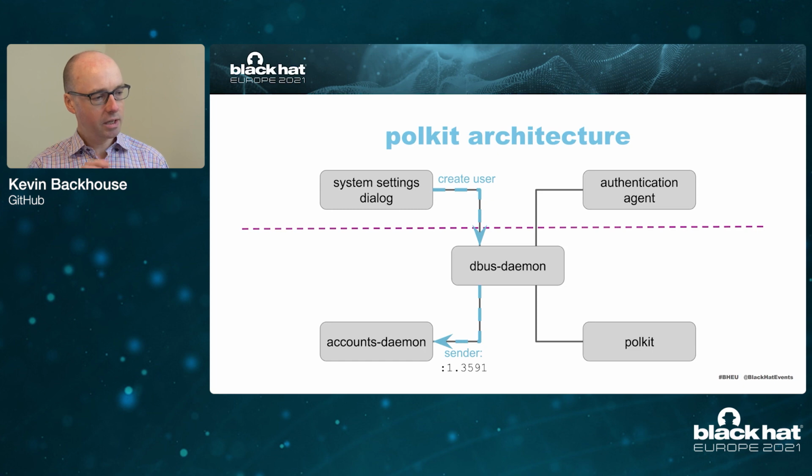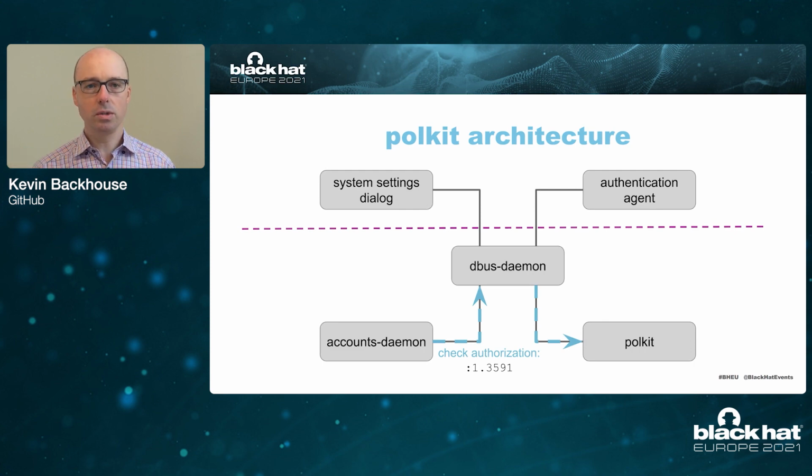And an important thing to notice there is that the dbus-daemon has added the unique bus name for the message, for the sender of the message. So now the account service needs to check whether the sender is allowed to create a new user. So it sends a check authorization message to Polkit, and it includes the unique bus name in the message so that there can't be any ambiguity about where this request came from.